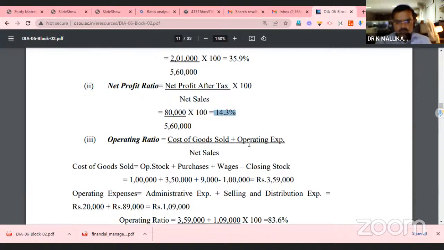Okay. So here you can see the operating ratio: cost of goods sold plus operating expenses. What is the cost of goods sold? How are we going to calculate it? Opening stock plus purchases plus wages, all the items on the debit side of this trading account, minus closing stock.